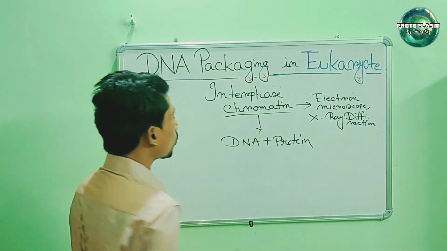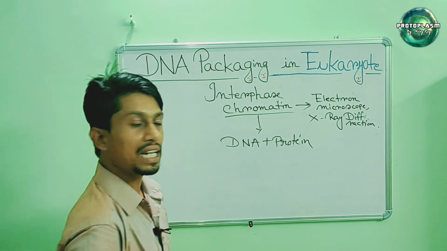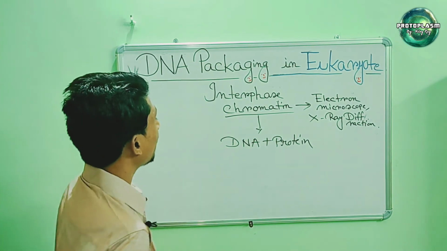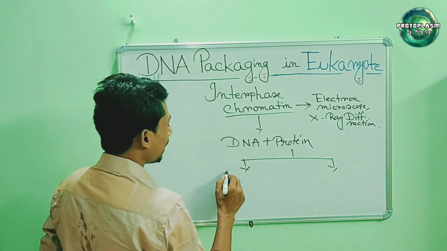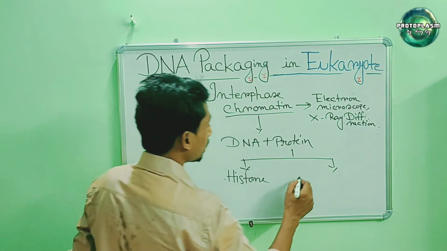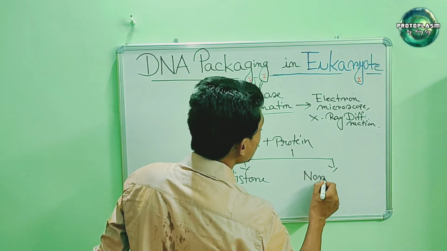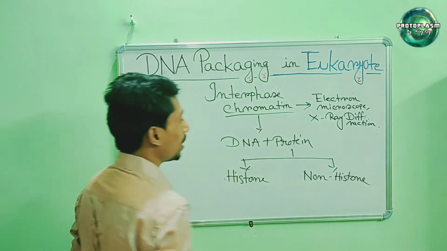These interphase chromatins are made of a complex of DNA and protein, and the proteins are of two types. One is the histone proteins and another one is non-histone proteins. These are non-histone chromosomal proteins.